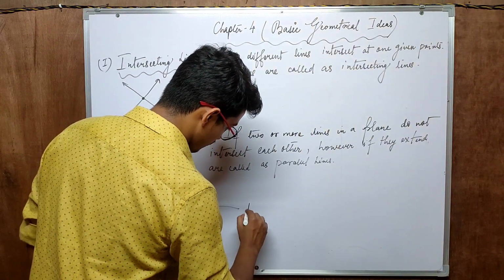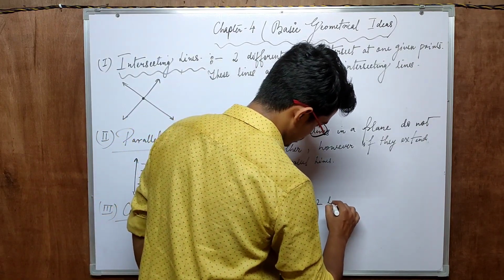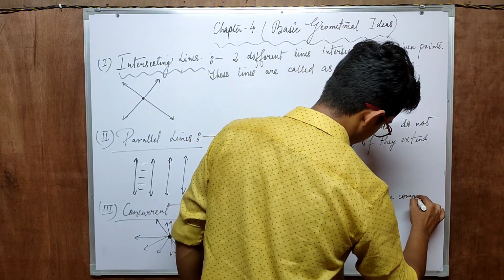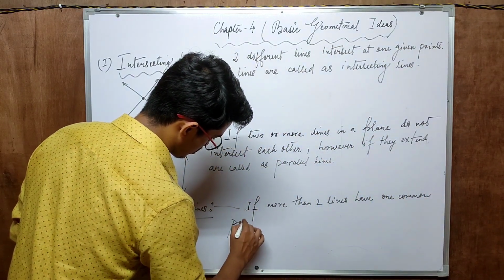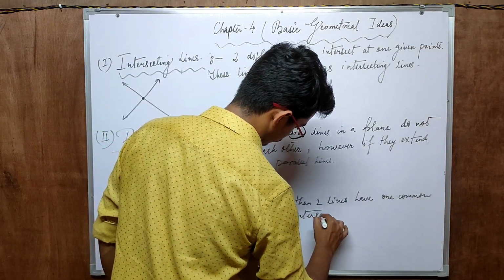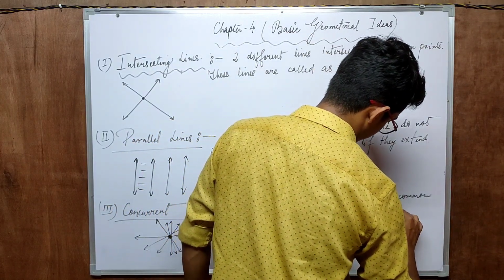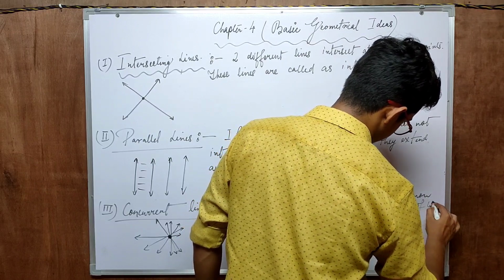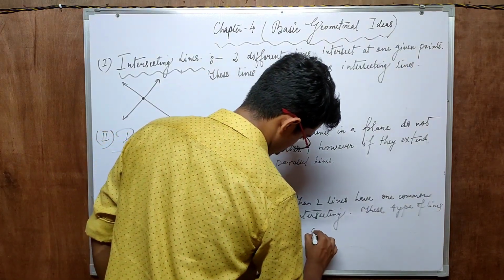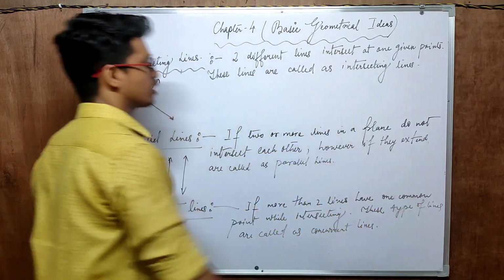So that means if more than two lines have one common point while intersecting, this type of lines are called concurrent lines.